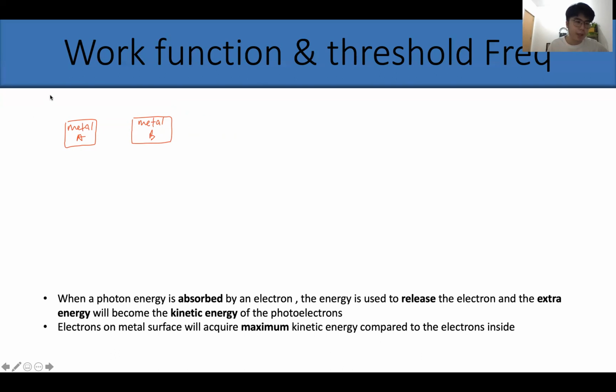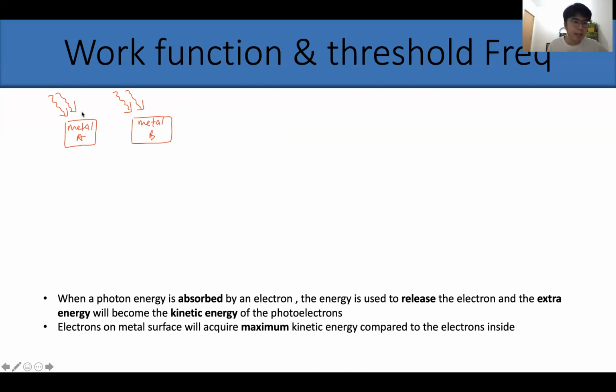Now, when you shine light, it could be any light: ultraviolet, infrared, even X-ray. I'll just call them light. So I shine the light here, and the energy needed to emit the electron from each metal is different.